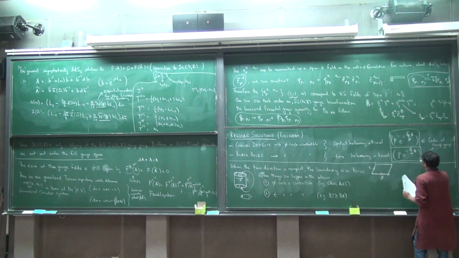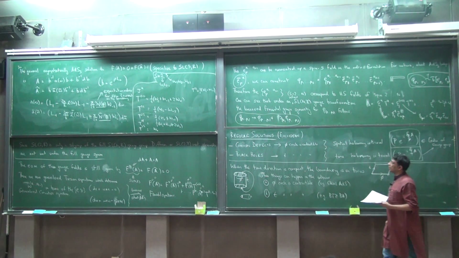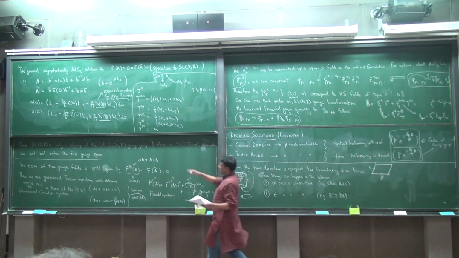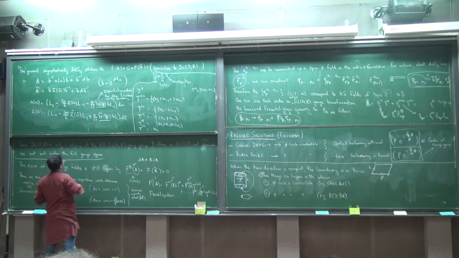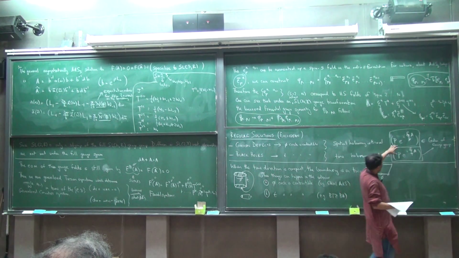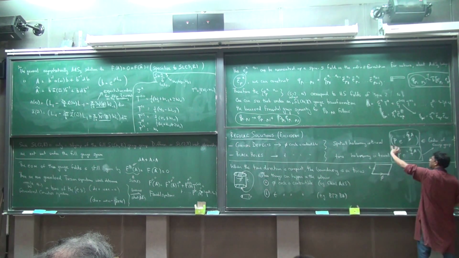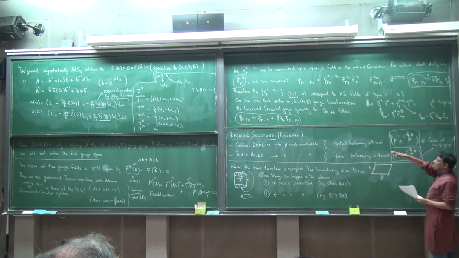But the holonomy gives you a constraint on the solution. So if you put in these values of the gauge field and ask that they be trivial, you get the regularity conditions.